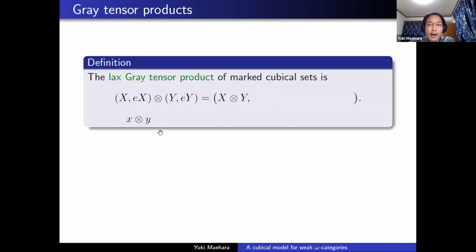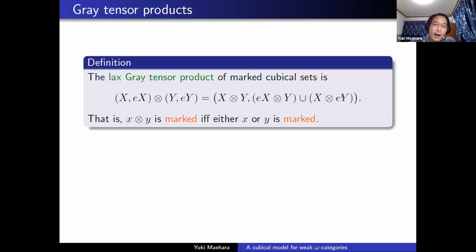Now we mark this cube if and only if either x was marked in X or y was marked in Y. So in symbols, here is the set of marked cubes in the Gray tensor product. These are the cubes that have at least one marked factor.